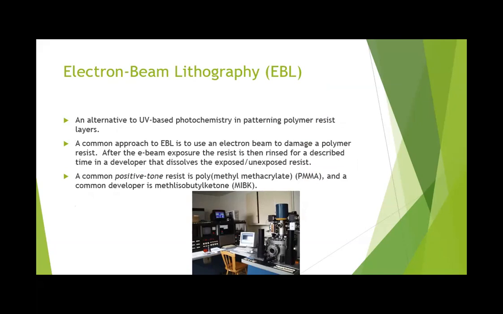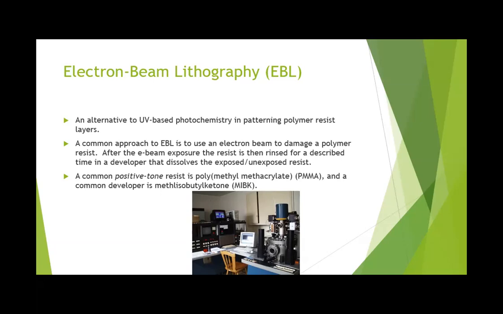After this electron beam is incident on the resist, it's then rinsed for some set time in what's called a developer. So basically, you shoot this electron beam onto the resist, it damages it, you soak it in the chemical, and then you get basically a stencil, some sort of polymer stencil that you then put onto the substrate that you want to put this pattern on.